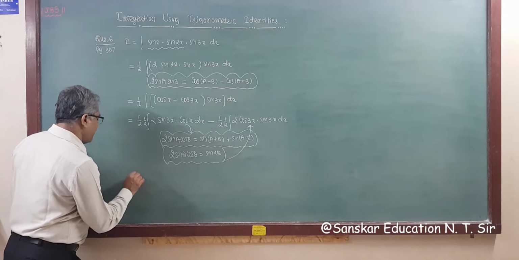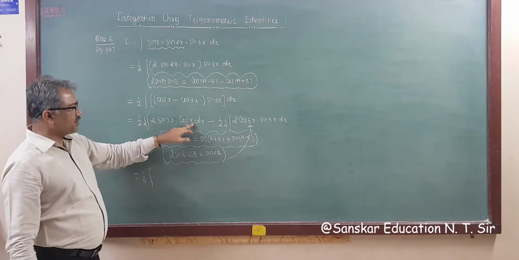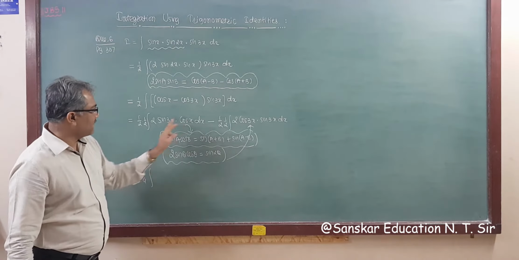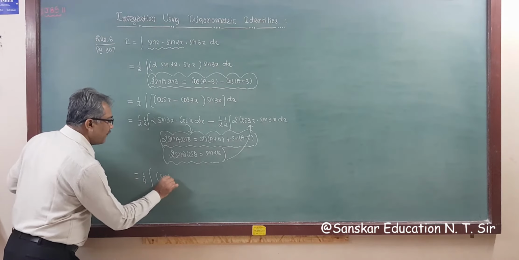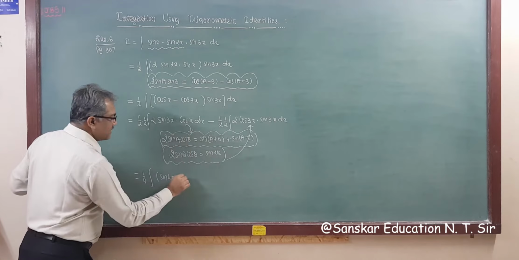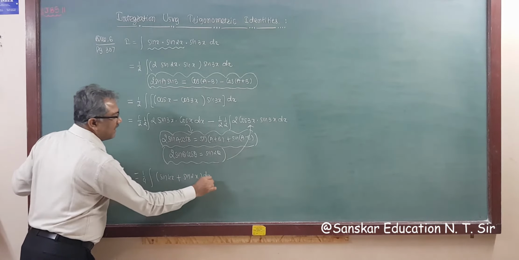So this will be 1 upon 4 integration of 2 sin a cos b, sin(a plus b), that is 3 plus 1, which is 4x. So this will be sin 4x plus, 3 minus 1, that is 2x, so sin 2x dx.